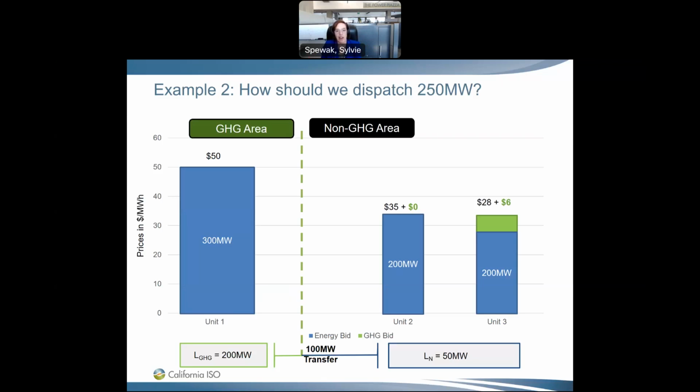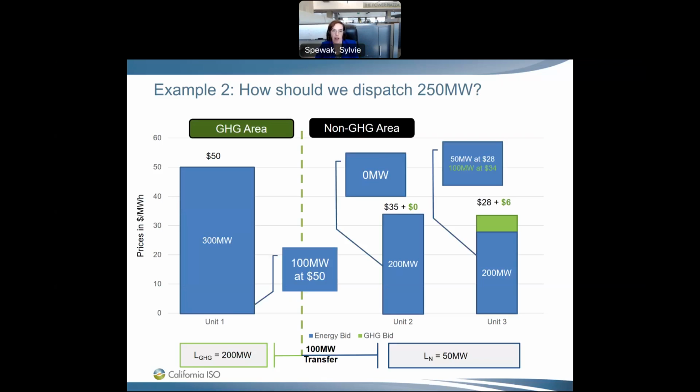GHG area, is now cheaper than Unit 2 at a total of $34 per megawatt hour, which means instead of dispatching up 100 megawatts of Unit 2, we're going to take 100 megawatts of Unit 3 for transfer to the GHG area.